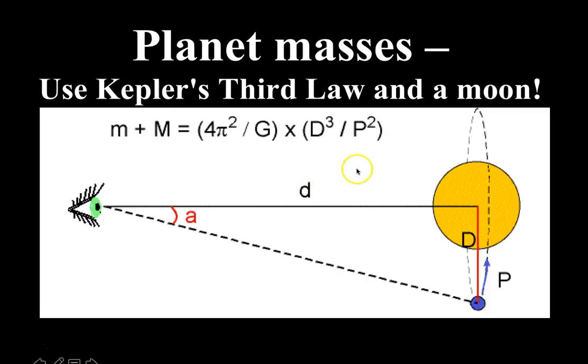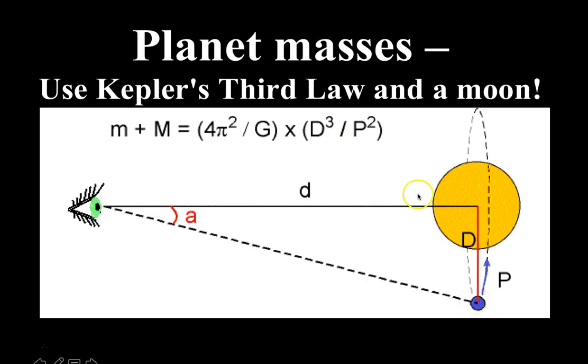And what we're categorizing here is the mass of, say, Jupiter. As we watch Jupiter, just as Galileo did, we'll notice the moons going around Jupiter. What we can do is wait until the moon is over here, and then we'll just watch it as it goes around Jupiter until it returns to that spot.